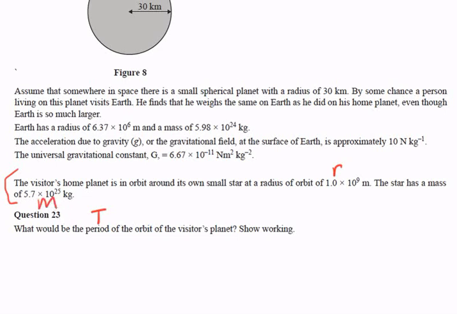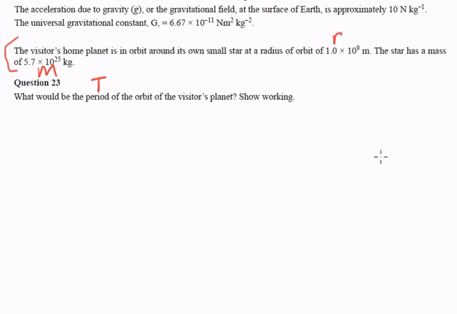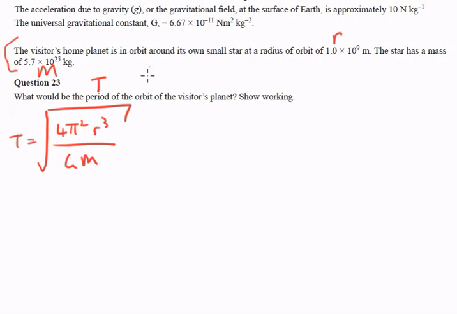So on your cheat sheet you'll have the following formula. You'll have T equals the square root of 4 pi squared r cubed over GM. What M do you use? The M you use, when we're using this equation, is always the thing in the middle.